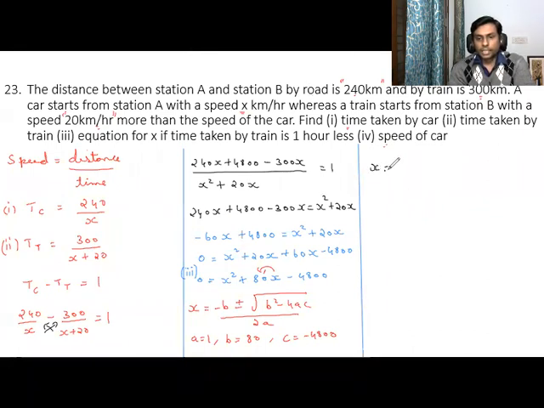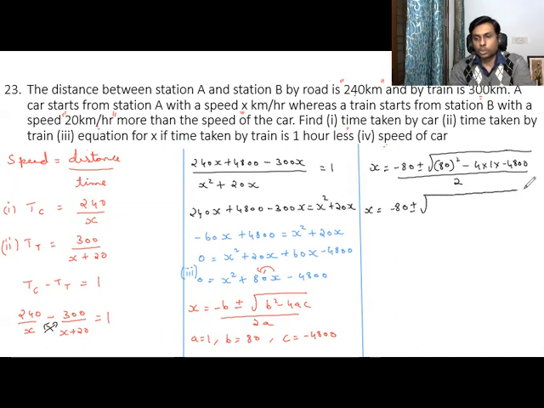So I have x is equal to minus 80 plus or minus root of 80 square minus 4 into 1 into minus 4,800, divided by 2. This is x equals minus 80 plus or minus root of 8 square. 8 square is 64.